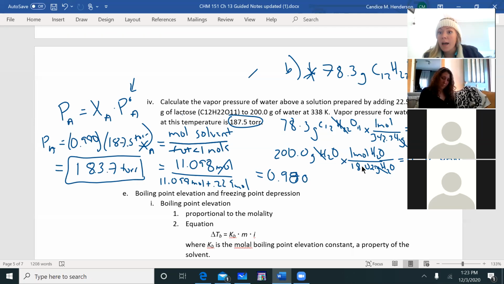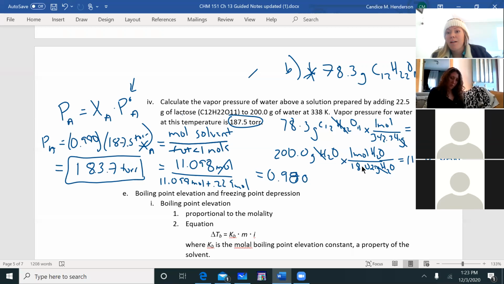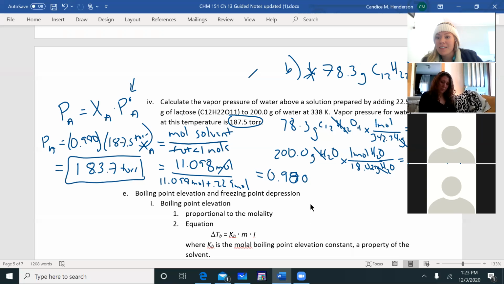This is why we put salt on our icy stairs. It's also outside of just flavoring, we put salt in our water when we boil pasta. People think, oh, it makes it boil faster. It doesn't make it boil faster. It boils at the same rate, but it makes it boil at a higher temperature. So the food will cook faster.